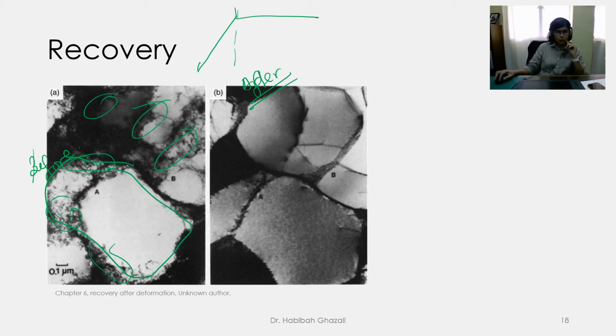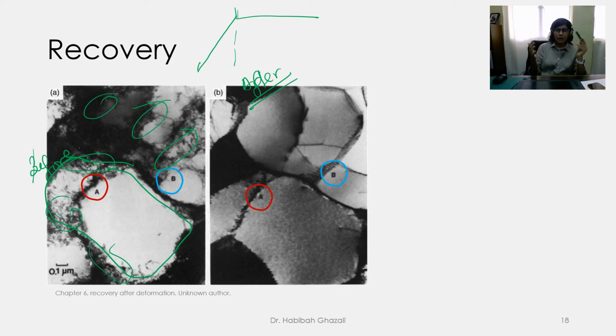Just focus your attention on the one labeled A. So before recovery, there are a huge number of dislocations. And after recovery, it starts to rearrange itself, creating, as we can see here, a low angle boundary inside that grain. And the other one, the one labeled B, you can also see that the second grain has this tilt boundary.